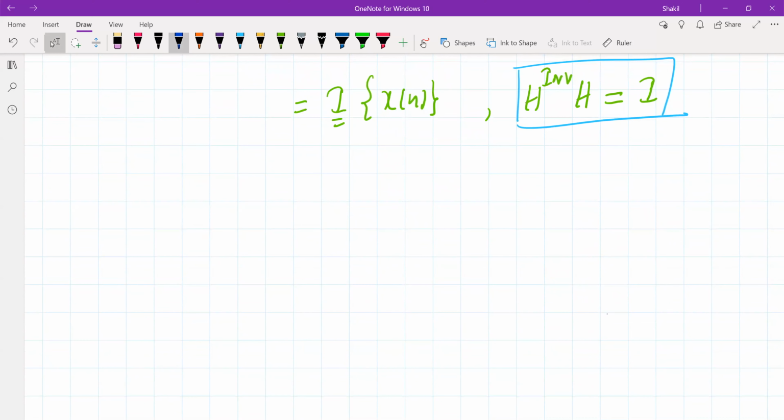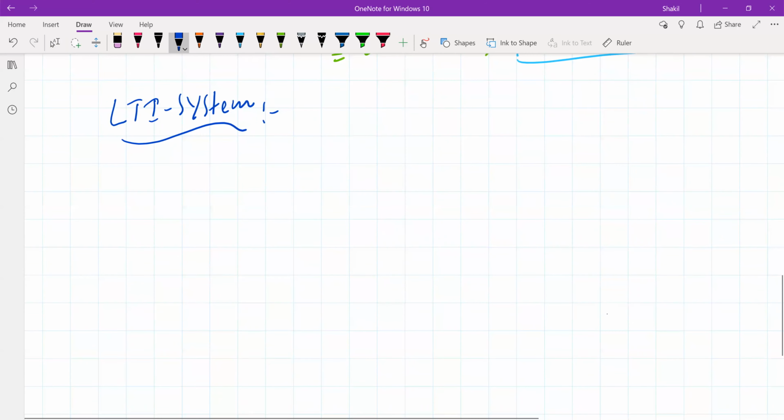Now, if the system is an LTI system, we know the process of recovering this x of n from the output. The output of the system is given as h of n convolved with x of n. So the output is given by the convolution of the impulse response of the system and the input of the system.